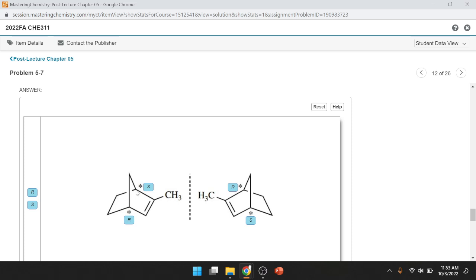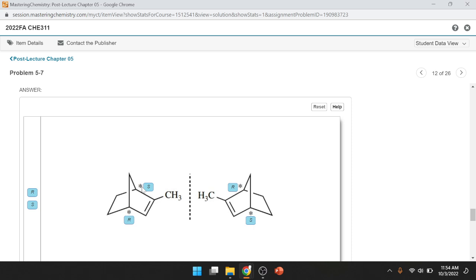That has 3 carbons on it. So that has to be the next highest priority. Okay? And so we have priority 1, priority 2, priority 3, right? Perfect, yep. It'd be counterclockwise, that would normally be S, but the H is coming out the wrong way, so we have to flip that to R. Yeah. And that's that.